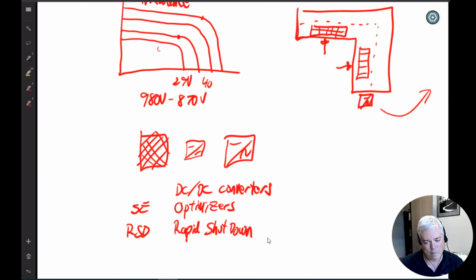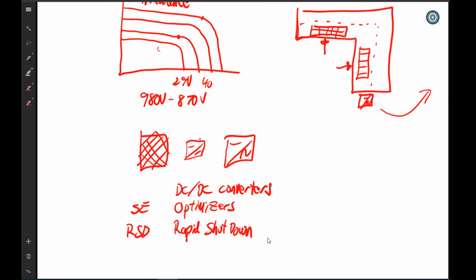And now they have a rapid shutdown requirement. At least they do in California. If you don't have it in your area, it's coming. So the way it works is you put this device in the way between your module and the inverter, and it's watching the inverter just the way that the inverter is watching the grid.